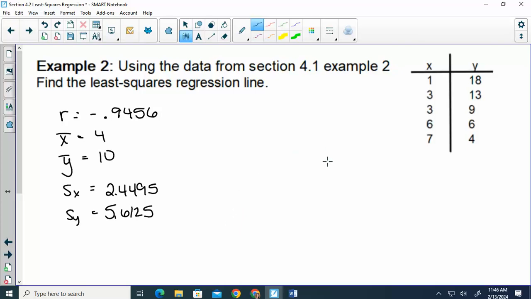Okay. So if I want the regression line, we need a slope and a y-intercept.